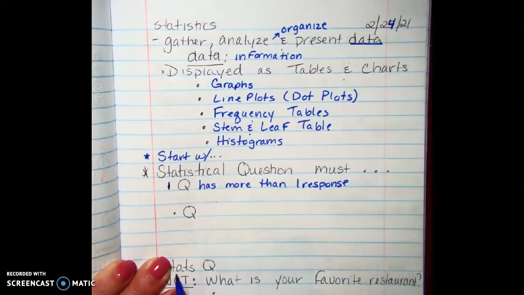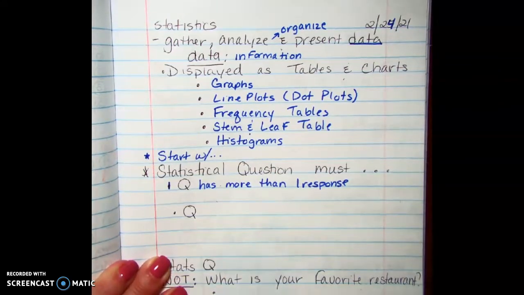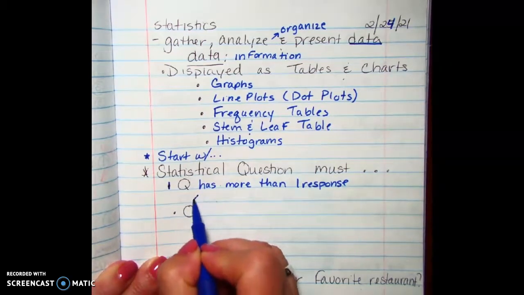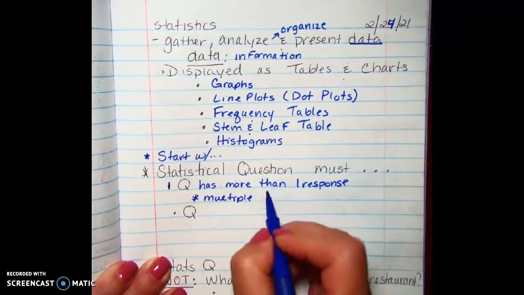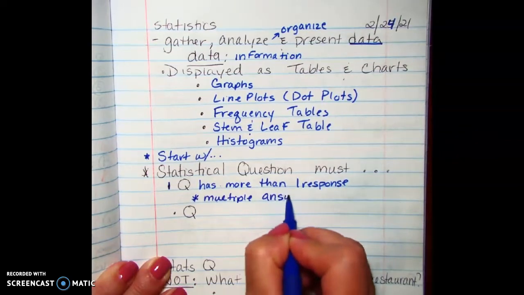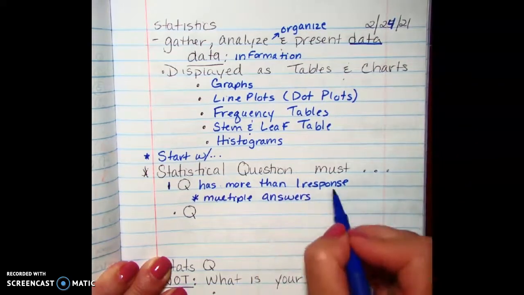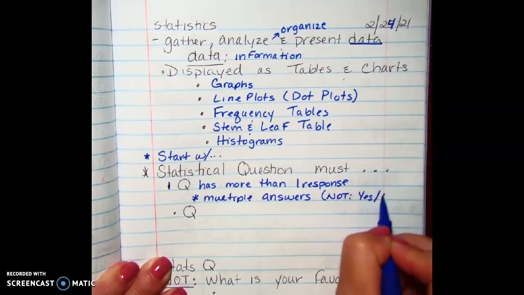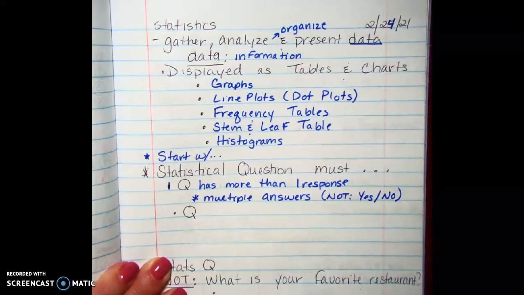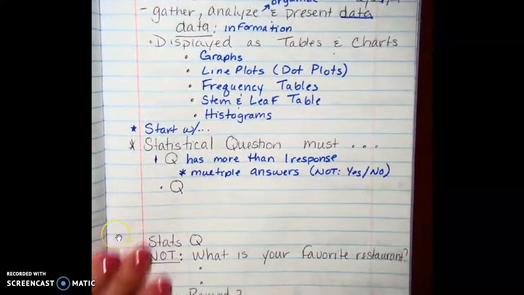Do you like math? Yes, I love it. No, I hate it. Is this a true false statement? True, it is. False, it isn't. So you cannot have just one answer. It has to have multiple answers. Not yes or no. That's not going to make a statistical question.